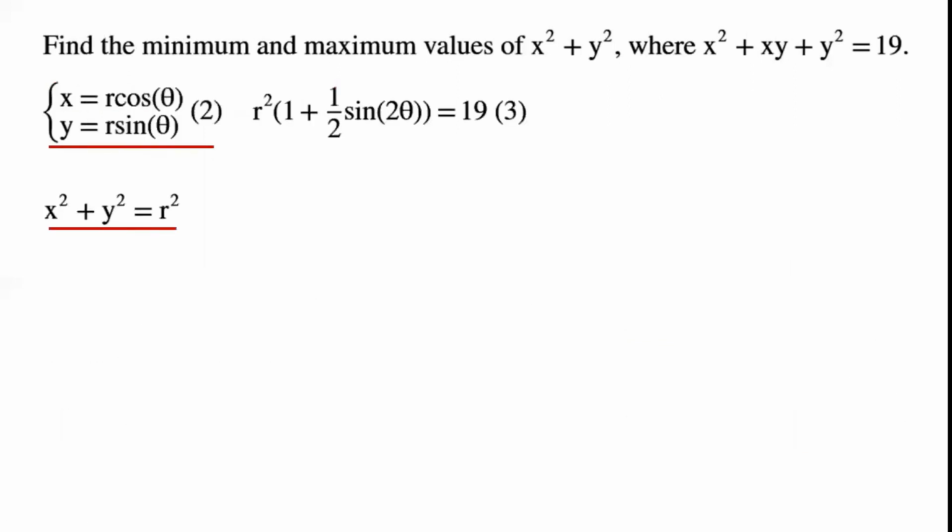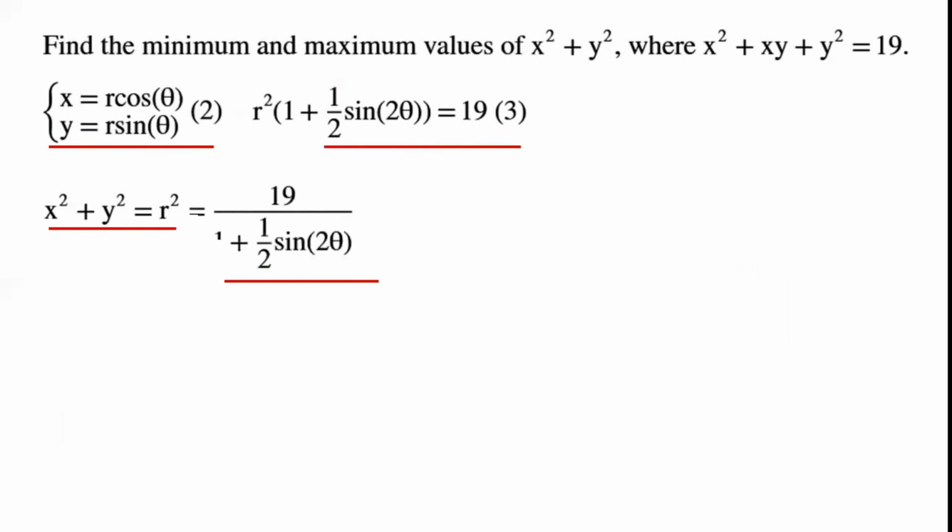x squared plus y squared equals r squared, which equals 19 over 1 plus a half sine 2 theta.